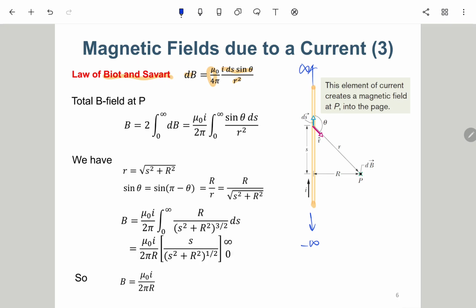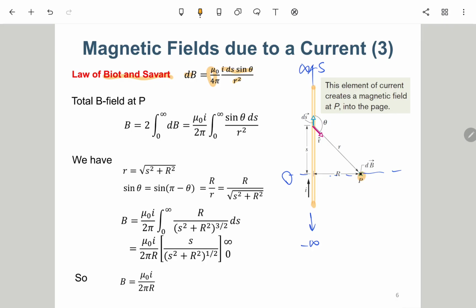This is the point P we are concerned with, and let's take the axis here. This is 0. This is the s-axis. The top one is the positive s-axis, and the negative axis is pointing downward.